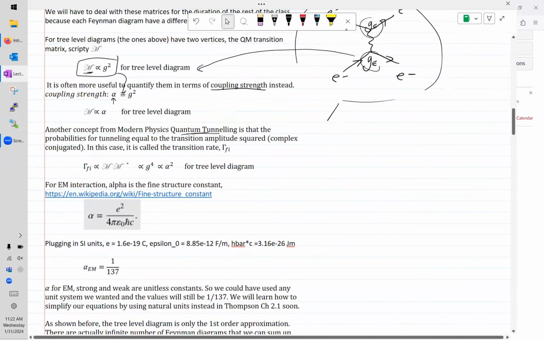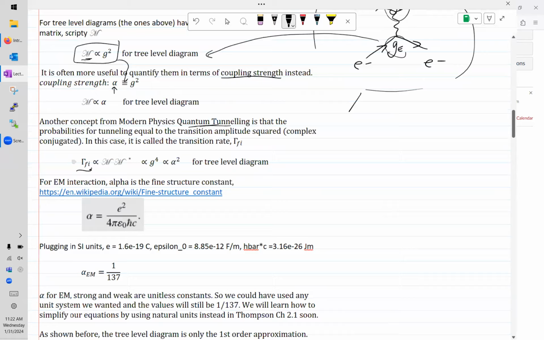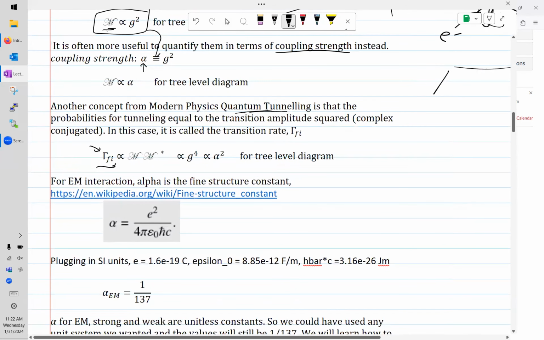Therefore, this capital Greek letter gamma is called the transition probability, or the transition rate, of the electron coming in and being scattered or not. Since it's proportional to the matrix squared, instead of being proportional to alpha, it's proportional to alpha squared. So for a tree level diagram, it's alpha squared that you actually care about in order to figure out the chance of that happening.